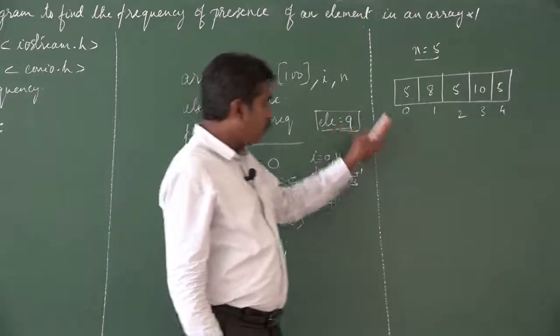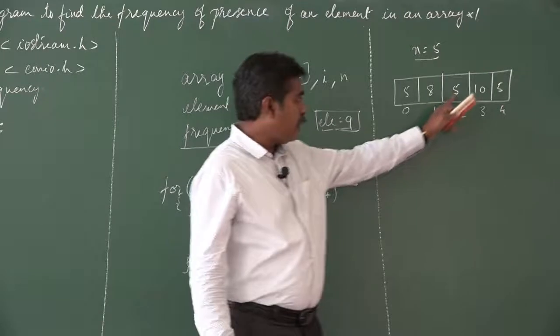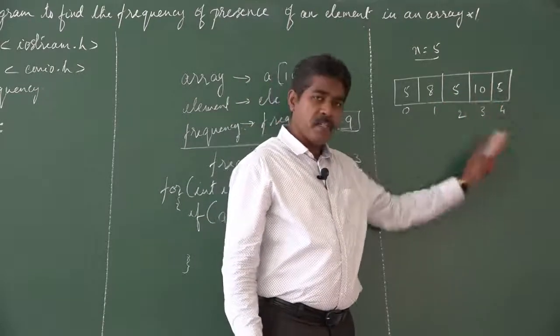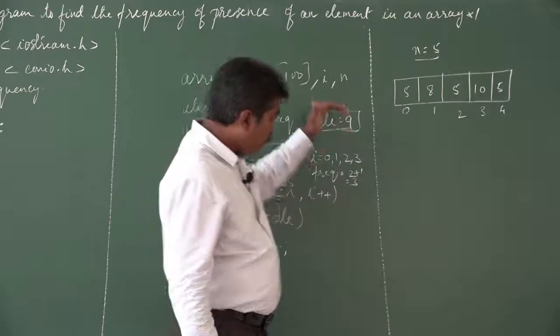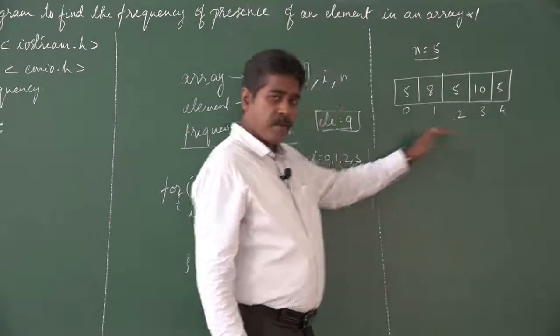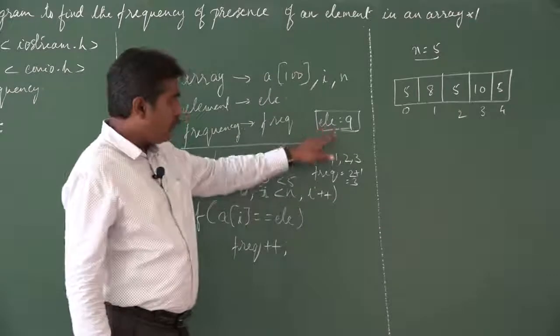Likewise, this 9 is compared with 8, it will not match, 5 it will not match, 10 it will not match, 5 it will not match. When it doesn't match, we understand that 9 is not found.